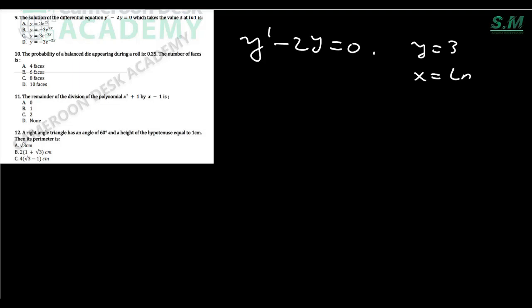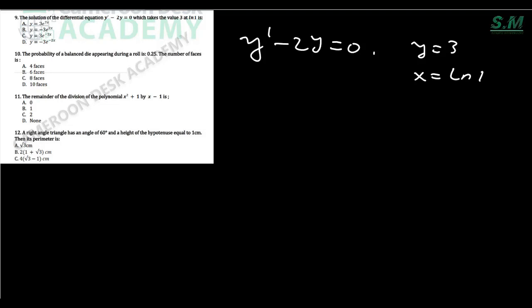Okay, so solving question 9, the solution of the differential equation y prime minus 2y is equal to 0. We have initial conditions, y is equal to 3 when x is equal to ln 1.